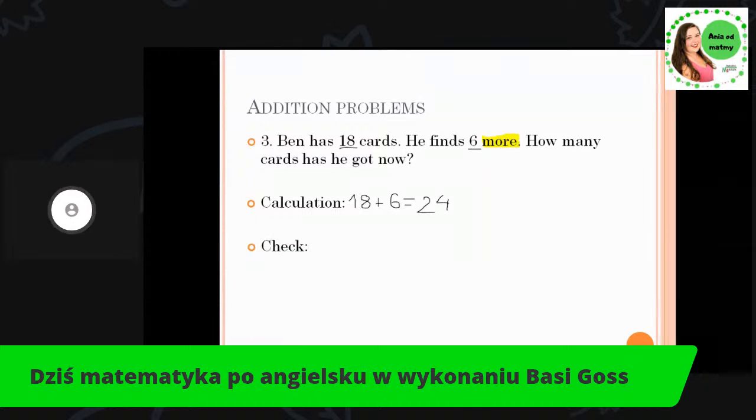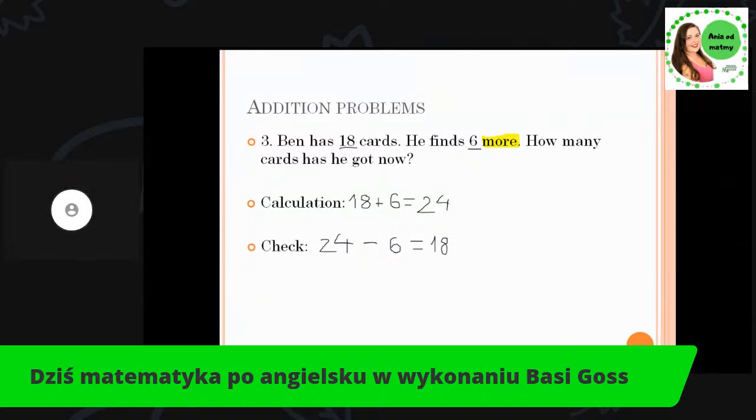Next step, check. How can we check if this calculation is correct? Yes, 24 minus 6 is 18. Very active students.